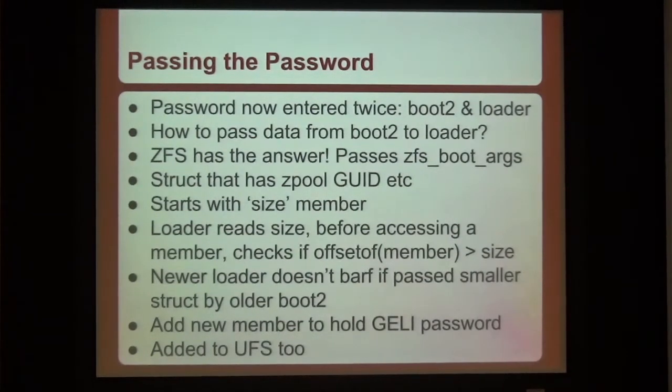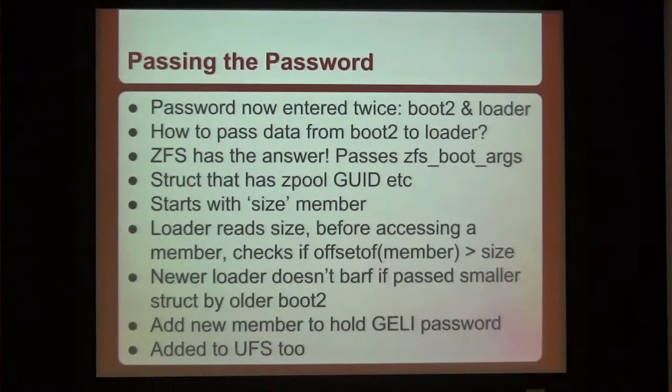You'd be like, okay, the boot2 that passed this in doesn't support passing the password yet, so we'll just ignore it. I found that very interesting as a kind of programming trope. So this way, if you haven't updated your boot code yet, the newer loader isn't going to barf because your boot code's out of sync.